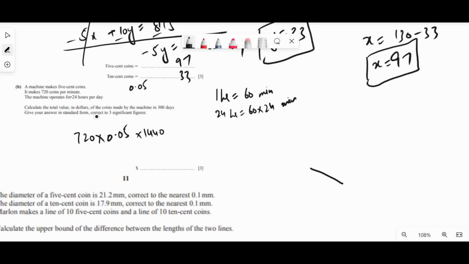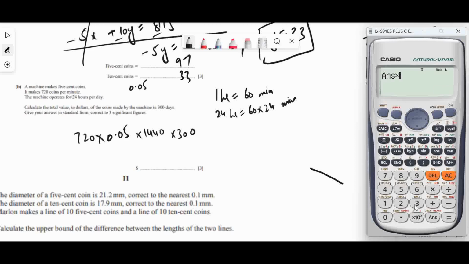Now calculate the total value in dollars of the coins made by the machine in 300 days. So this is for 1 day, so we need to multiply it with 300. So let's multiply: 300 multiplied by 1440, multiplied by 0.05, multiplied by 720.